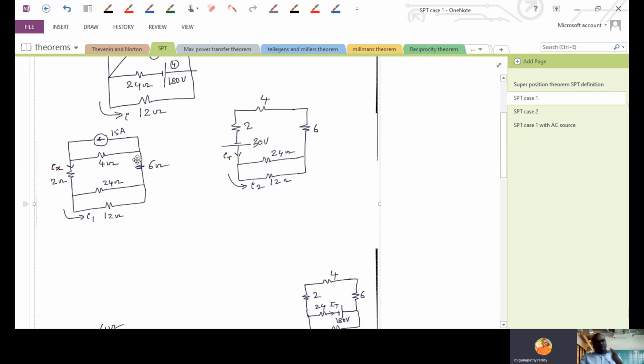Now in this equivalent circuit, find the value of I1.